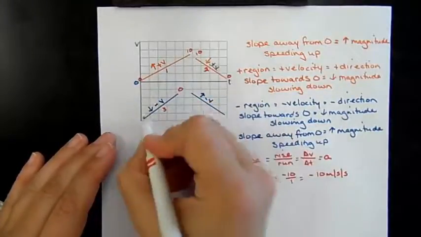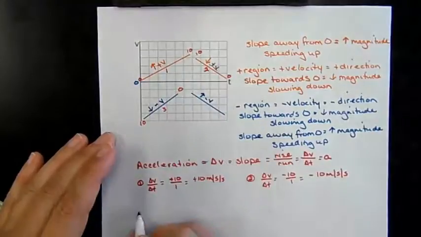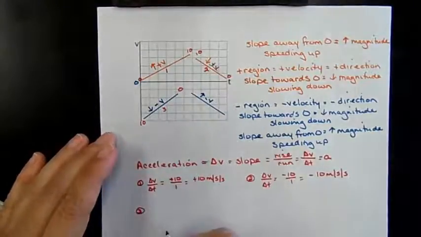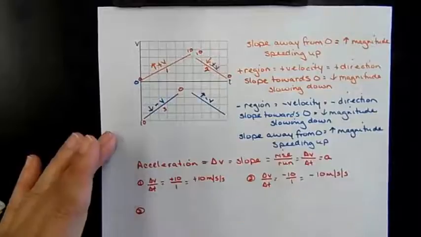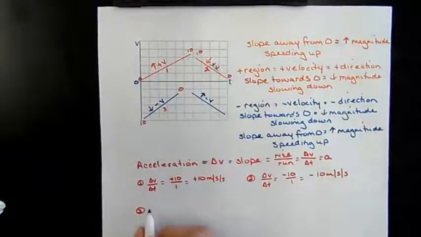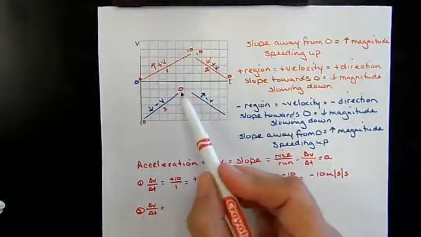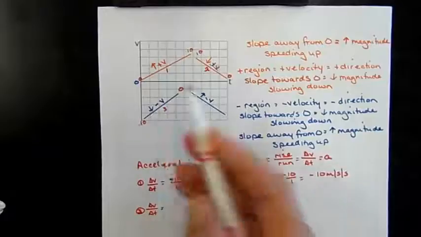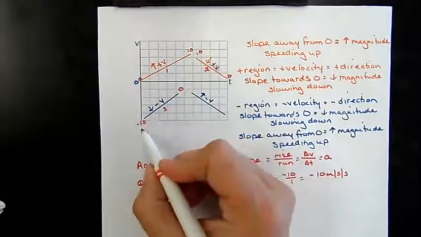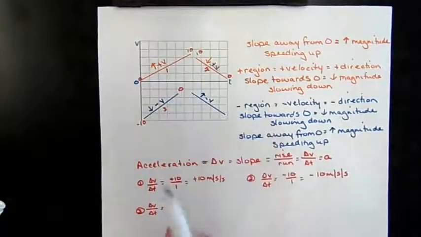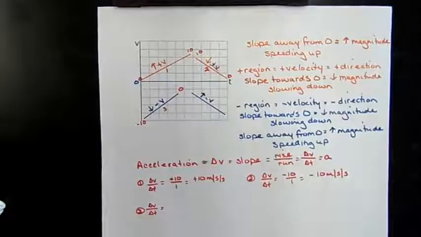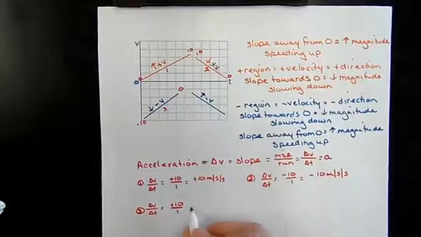Do the same thing with line 3. So line 3, delta V over delta T, final minus initial. We started at negative 10, actually. So we started at negative 10, we ended at 0. So 0 minus negative 10 is a positive 10 over 1.